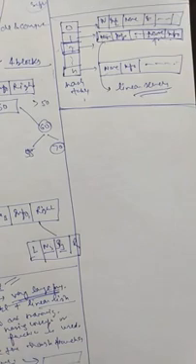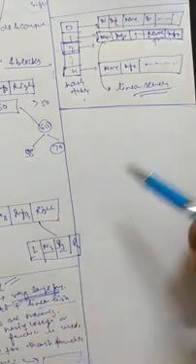Which symbols are stored? Those symbols which will be used at runtime. Okay, the symbol table can be managed in four ways. First one is the simple linear list. Second one is the self-organizing list. Third one is the binary search tree, and fourth one is the hash table.